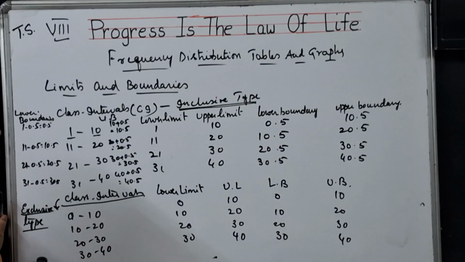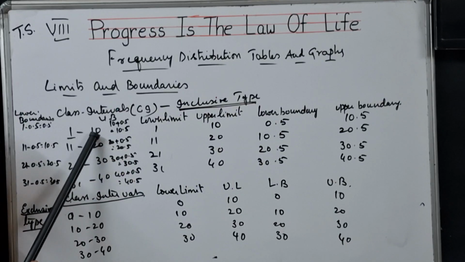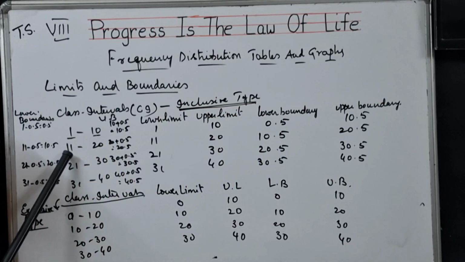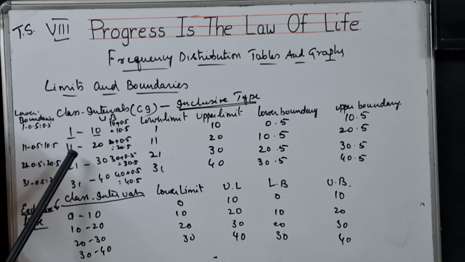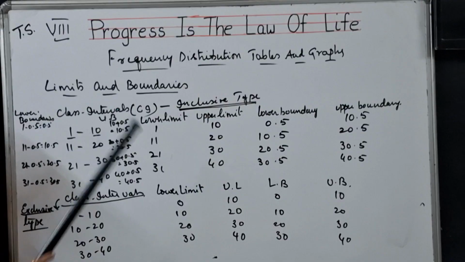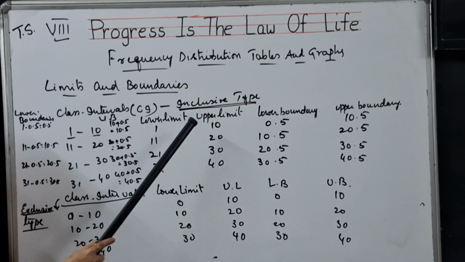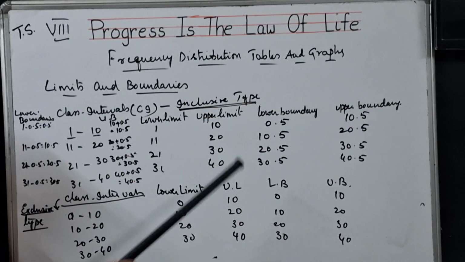This you can understand only when you observe the upper limit of the first class interval and the lower limit of the second class interval. If there is a gap of 1, definitely they are inclusive type of class intervals. If they are inclusive type, lower limit, upper limit are different, and lower boundary, upper boundaries are different.